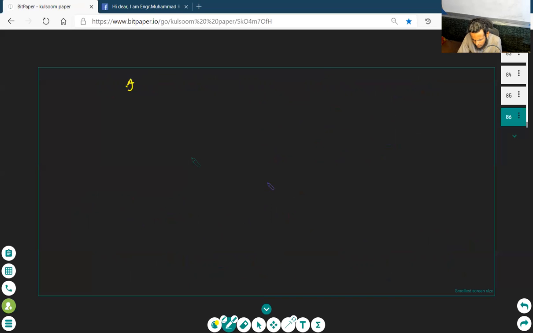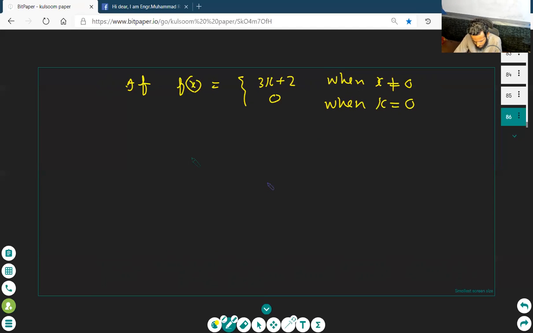If f of x is equal to 3x plus 2 when x is not equal to 0, and equal to 0 when x is equal to 0, why does the limit as x approaches 0 of f of x exist?